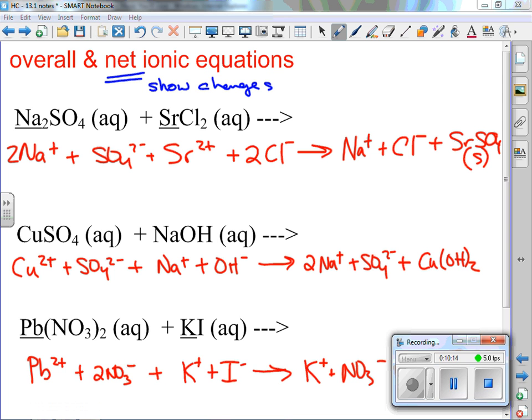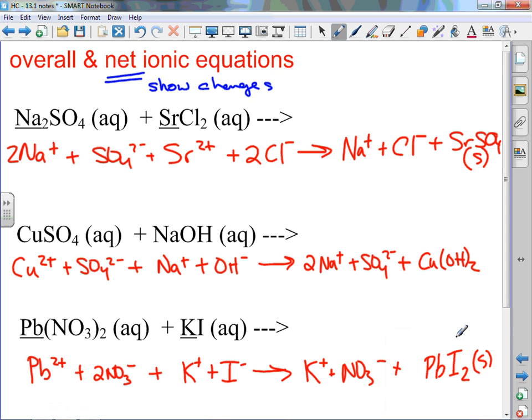Okay, so if we look at these three reactions, we now have the overall ionic in all three cases. Now what the net ionic is, we only care about the things that changed. If we notice here, we have sodium ions and chloride ions. We still have sodium and chloride ions. We have sulfate ions and sodium ions.